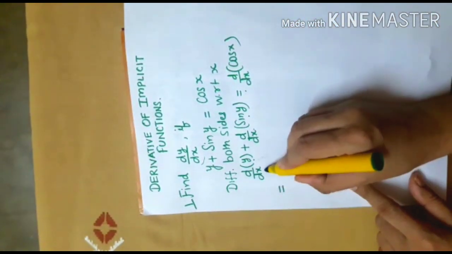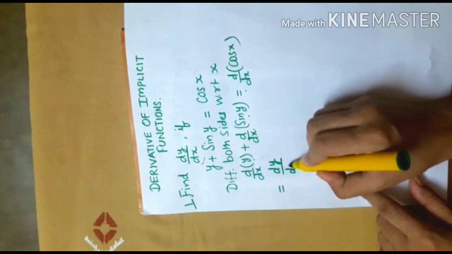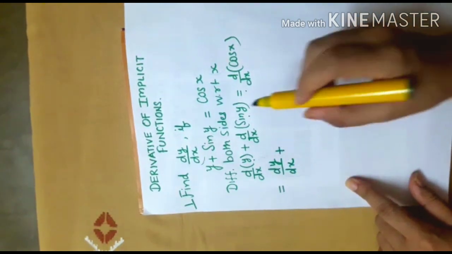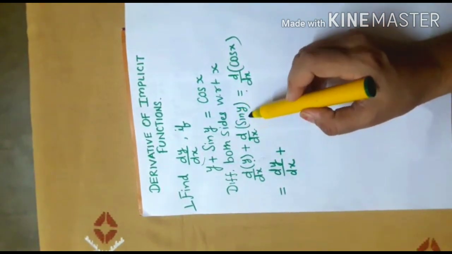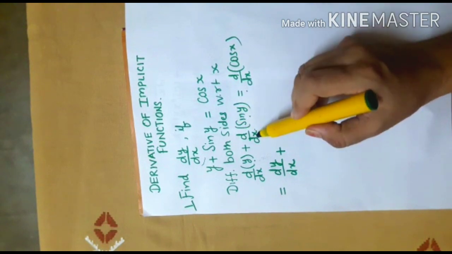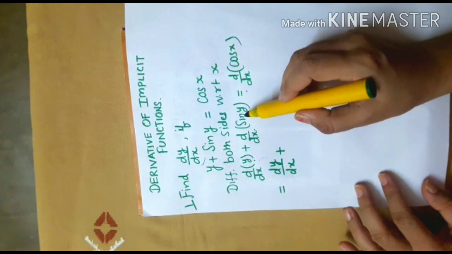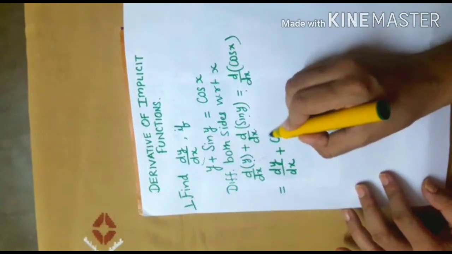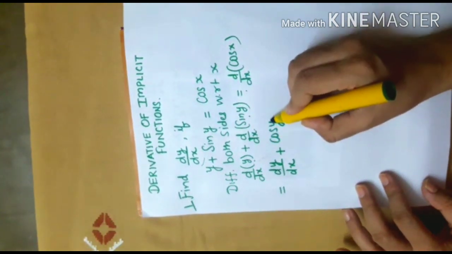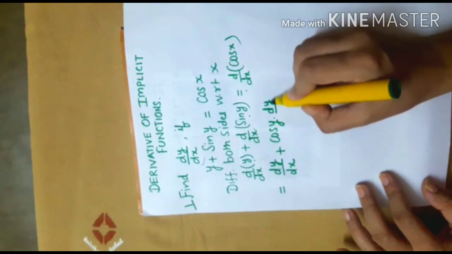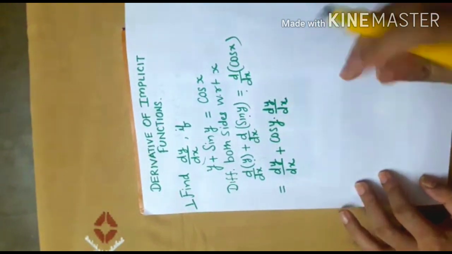This is dy by dx plus, now we have to differentiate sin y with respect to x. First I'll differentiate sin y with respect to y, I'll get cos y, and then differentiate y with respect to x.